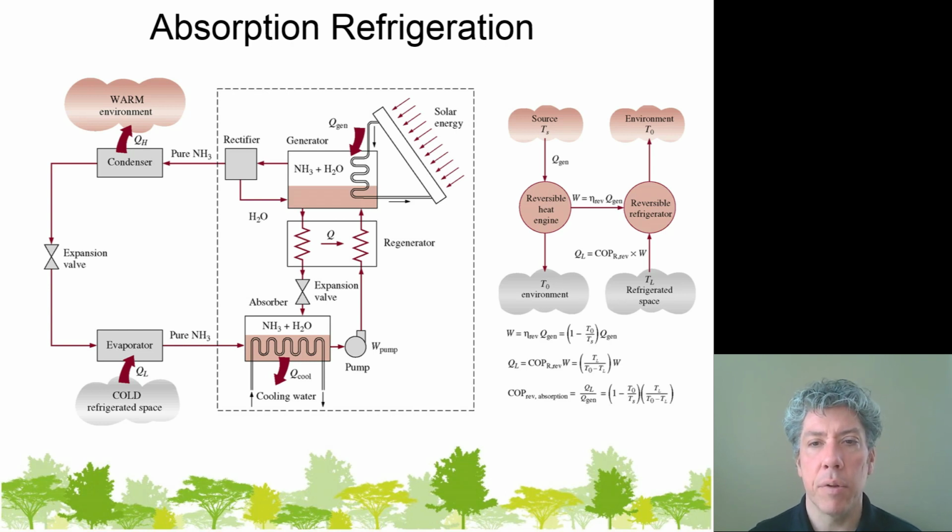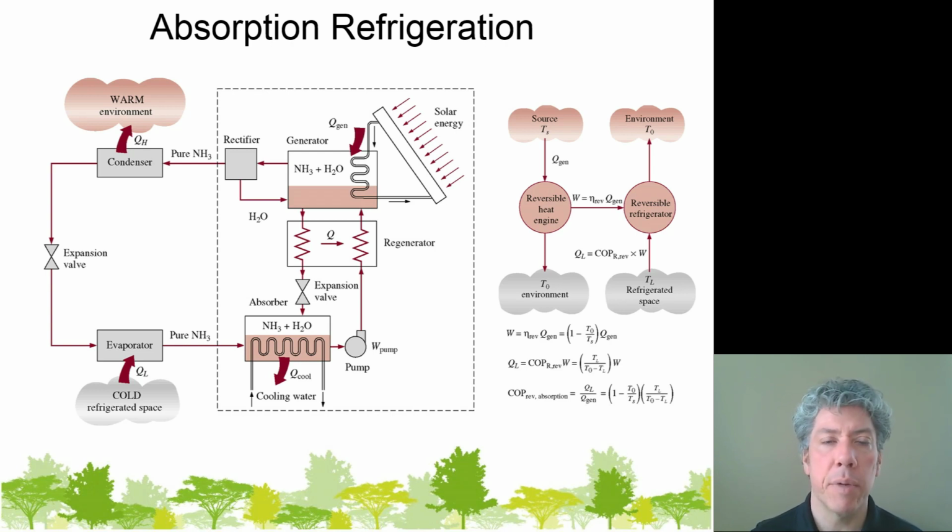And again, I won't go through this in a lot of detail. I would suggest that you put a tab on this page and note the equations that I've got here. But basically, the energy coming in, the solar energy, or usually it's a flame impinging on this, does the work of separating out the ammonia and the water from one another so that only ammonia goes through the condenser.